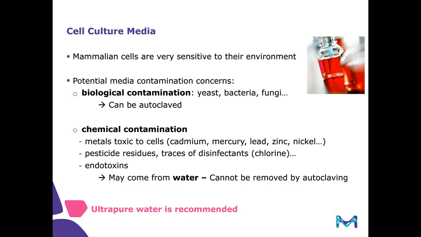And the problem is, it may not kill them, it may just slightly affect their metabolism, and you may not realize it right away. You may only realize it later on and have to troubleshoot and maybe rerun some experiments. So this is the reason why it's really important to use high-quality water to prepare media.